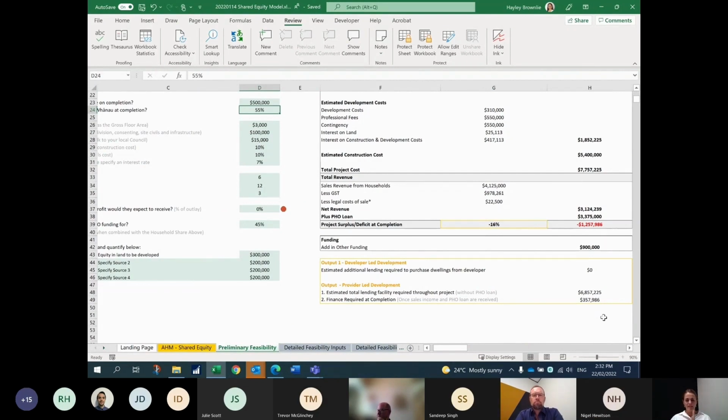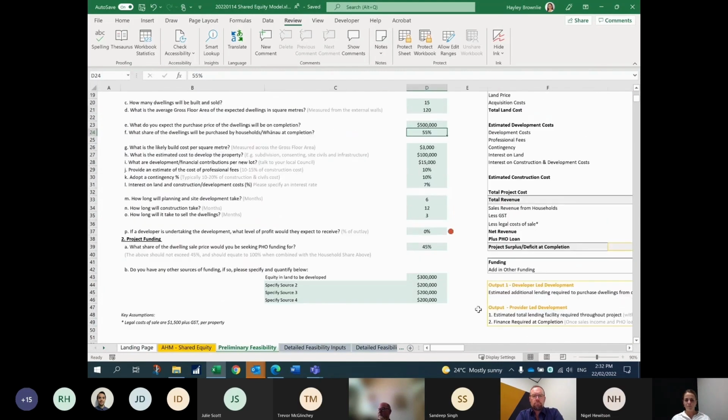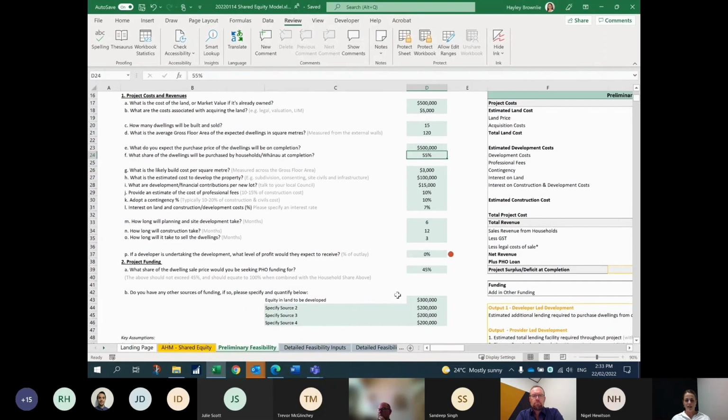So I guess at an early concept stage, this tab and the affordable housing model can be used in conjunction to vary the house price to see what would stack up in terms of household affordability and also what would stack up in terms of project feasibility.